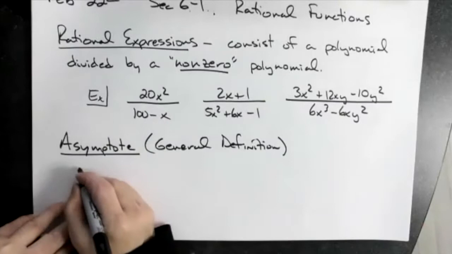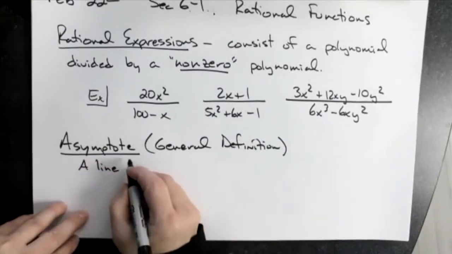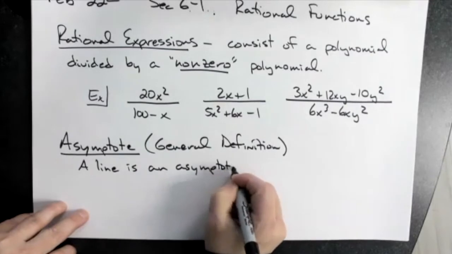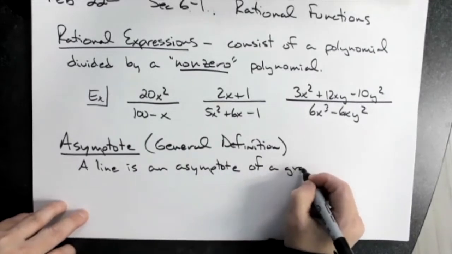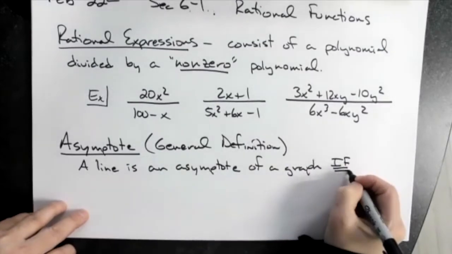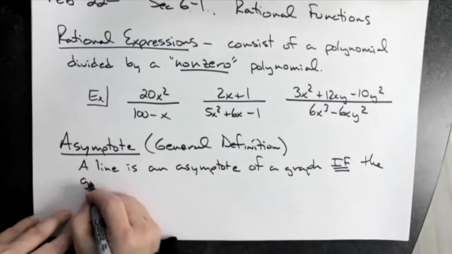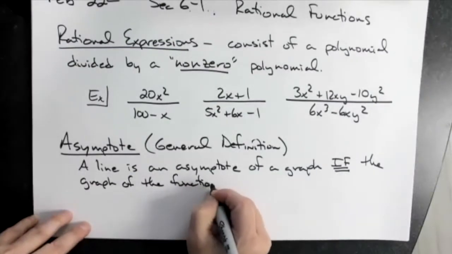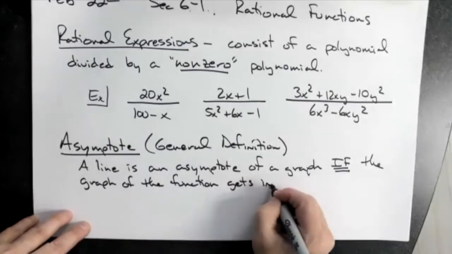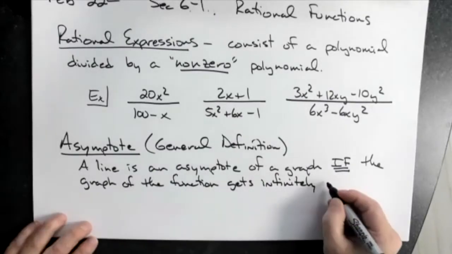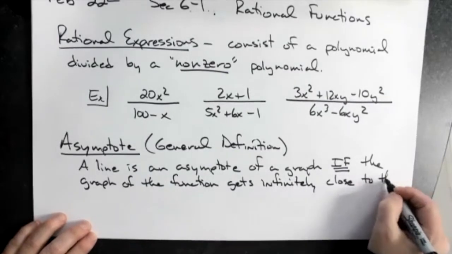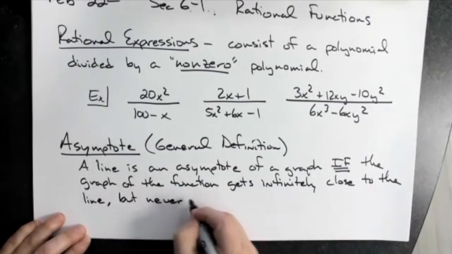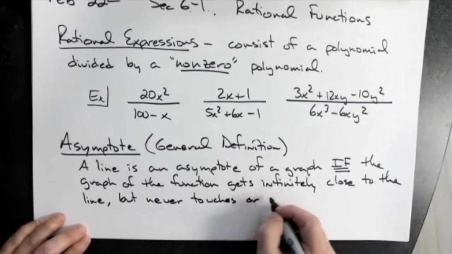A line is an asymptote of a graph if the graph of the function gets infinitely close to the line, but never touches or crosses it.